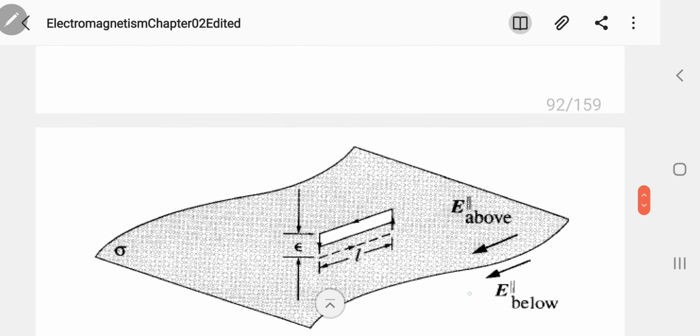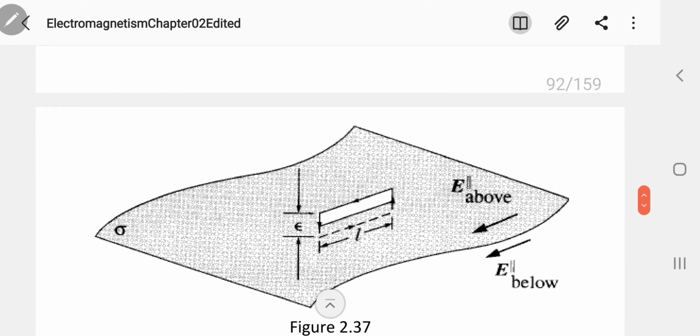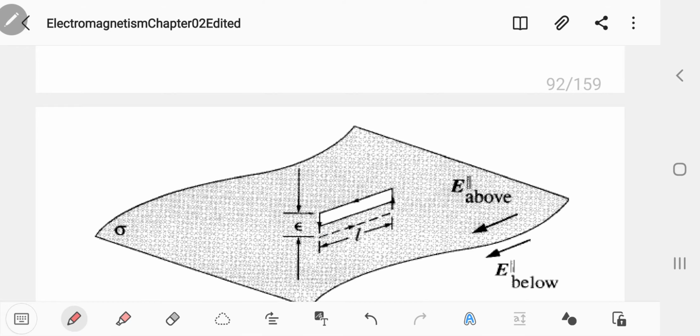The path is going in this direction, and your electric field is going in this direction for the line segment below, and for the line segment above, your path is going in this direction, and your electric field is also going in this direction.